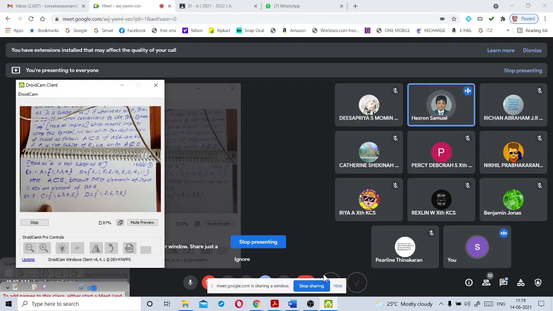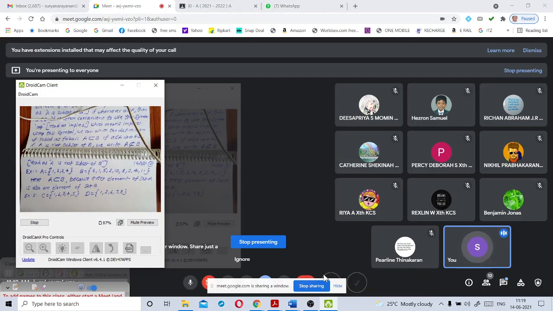I'm not asking whether they are equal or not equal sets. It is a different concept. I'm asking here whether set C is a subset of set D or not.